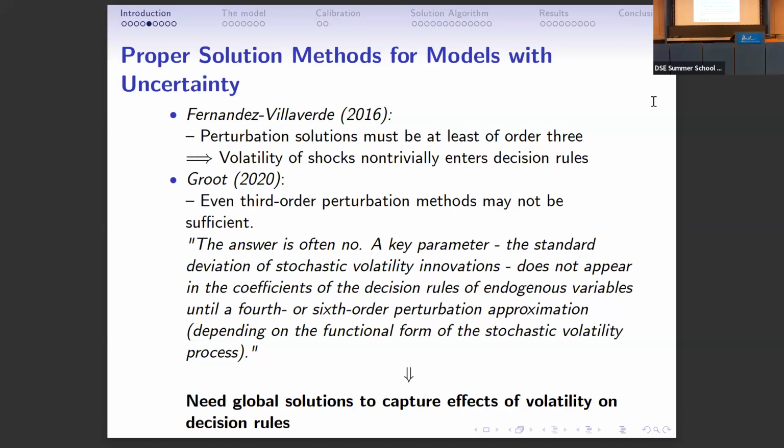Some papers argue that even for some processes for shocks, you need to go to 4th or 6th order of perturbation. And so this implies that we do need to consider global solutions to capture all the effects of uncertainty on decisions.